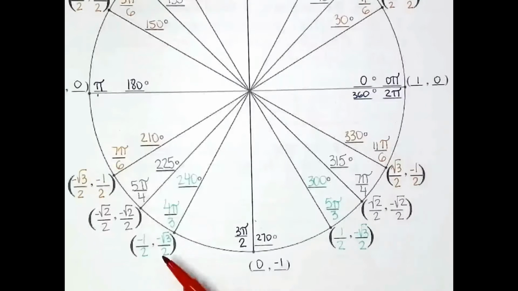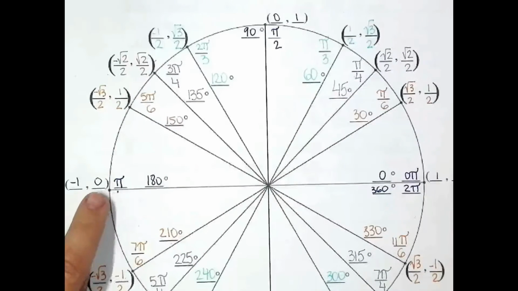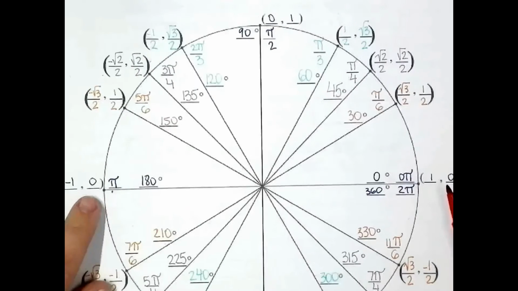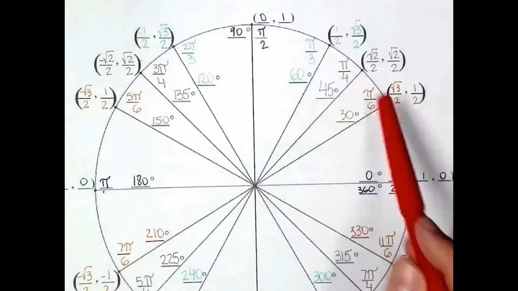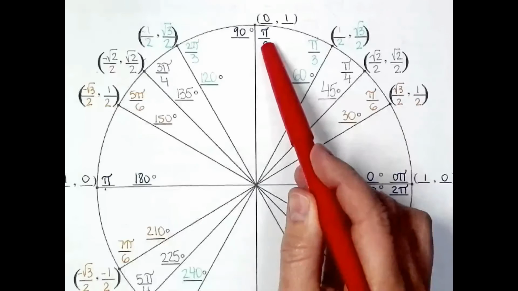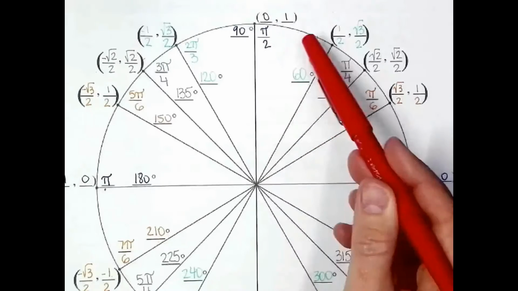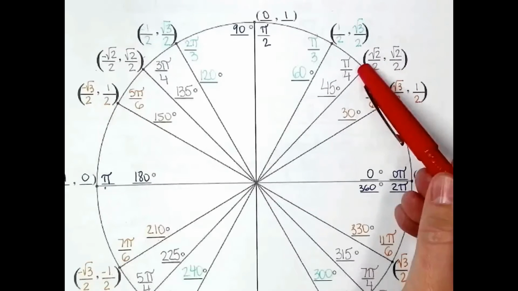It will not be anything like negative square root of 3 over 2. It will be either 1 or negative 1, and it's really nice when sine of whatever that is is 0. It just makes our calculations easier. So I'm going to try to make those multiples of pi over 4 or pi over 2.